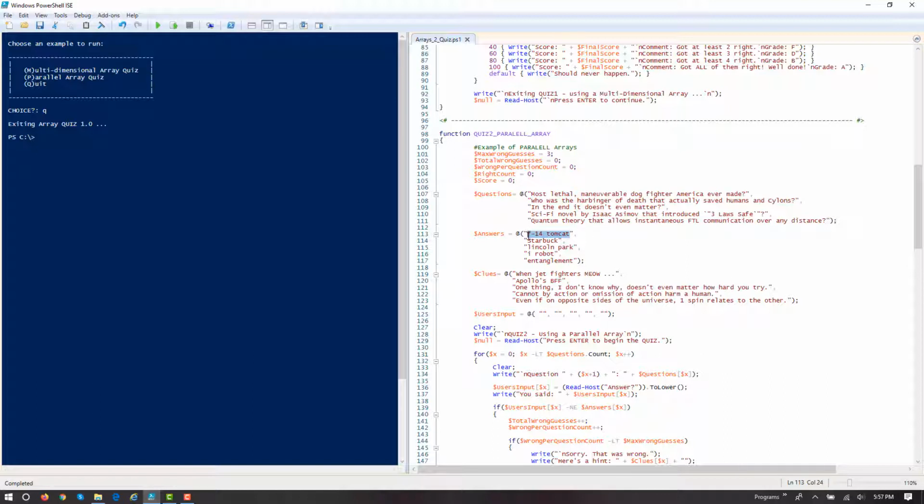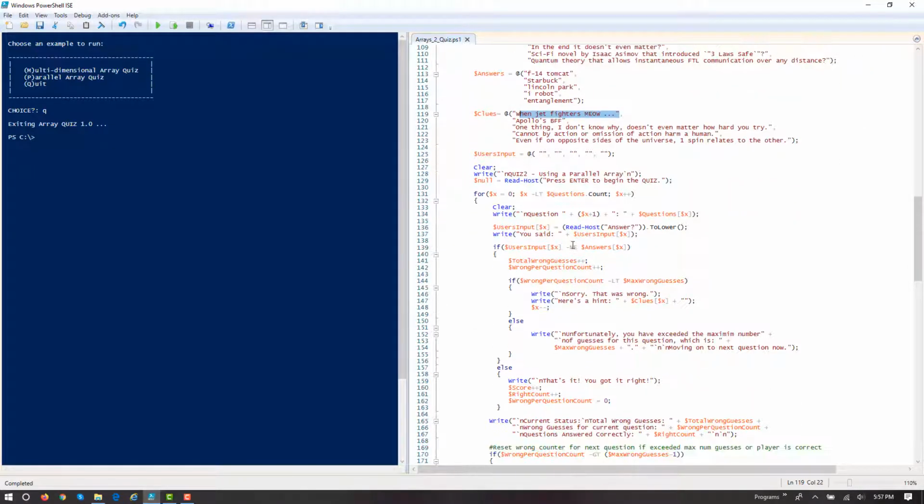And of course I know that you might argue, I'm sure you have your own favorites, who knows, but the point is, I have to maintain this relationship, right? So element 0 here, the question, has to correspond to element 0 here, the answer. Has to correspond in the third array to the hint. This is our hint, right? Still element 0. And the player's input.